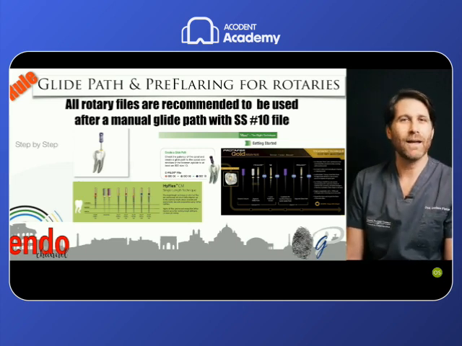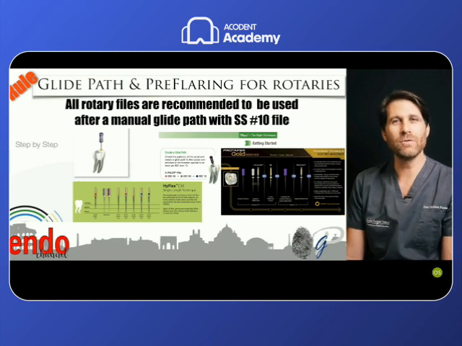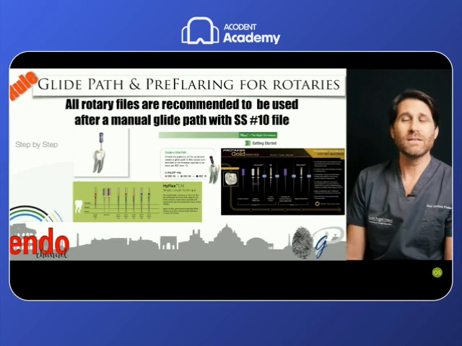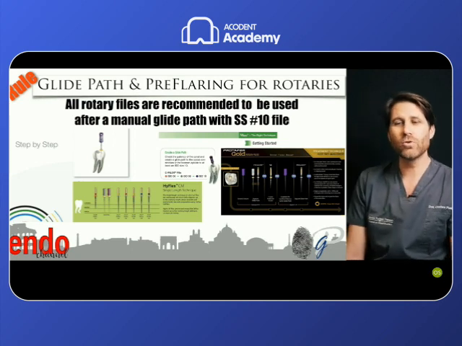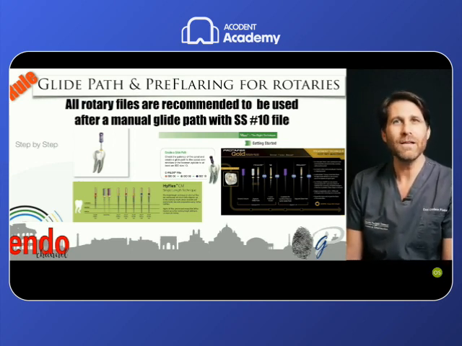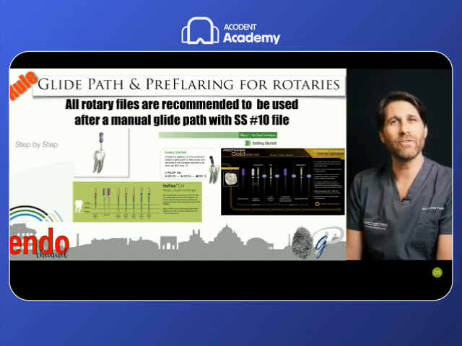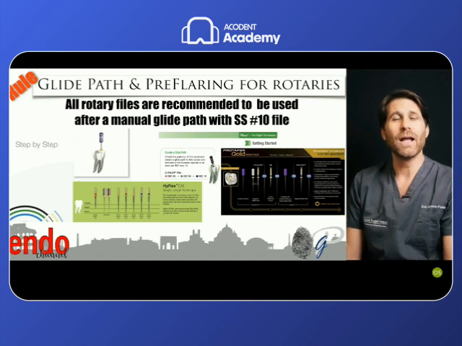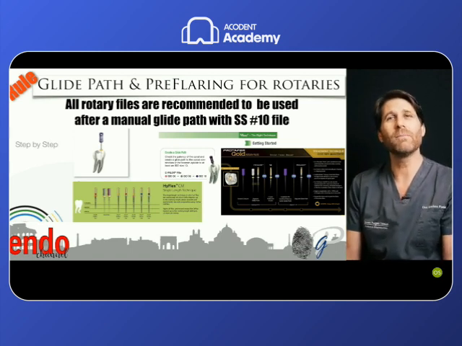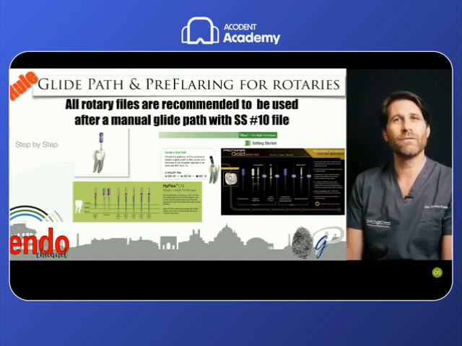Most of the rotary techniques that we have used suggest this. Some techniques also suggest expanding the glide path, enlarging the pre-flaring up to size 15, for example. And this depends on the quality of the file, the size of the rotary files that we have to use, and the flexibility of the file.